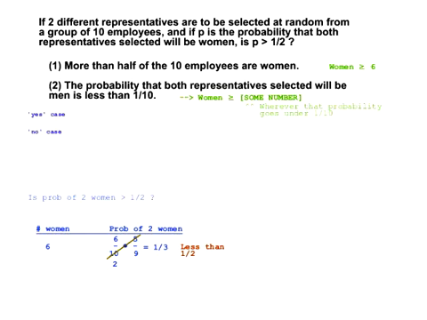The yes case here would be that you can get the probability to be more than 1/2. The no case would be that you could get the probability to be not more than 1/2. If you can make both of those happen, then it's not sufficient, right?